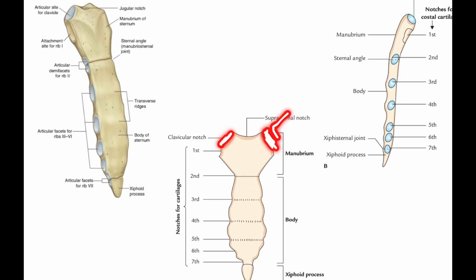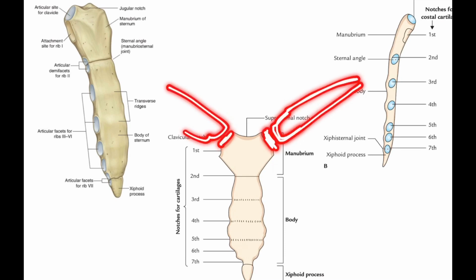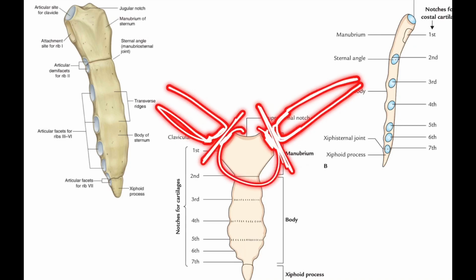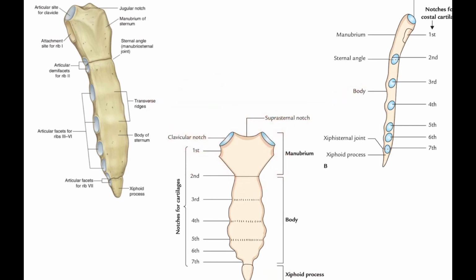So this is the clavicular notch. Here comes the clavicle bone. This forms the sternoclavicular joint, between sternum and clavicle.